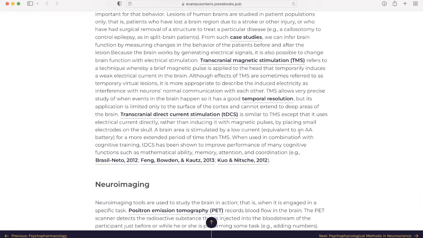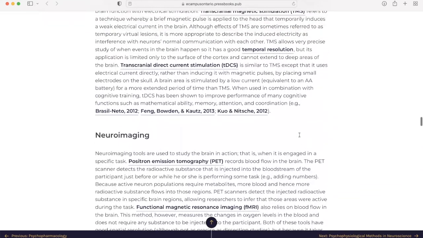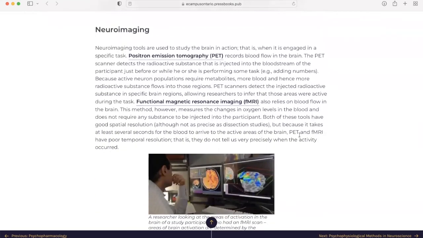When used in combination with cognitive training, tDCS has been shown to improve performance of many cognitive functions, such as mathematical ability, memory, attention, and coordination. Where do I sign up for that one? I think that's absolutely amazing what we can do now. And it's just like little electromagnetic pulses, right?